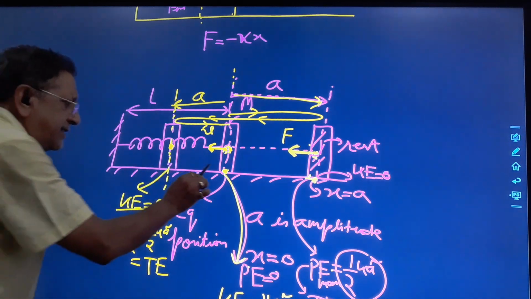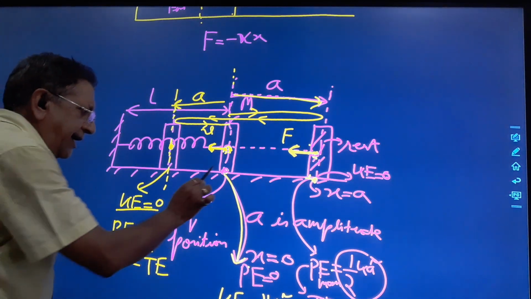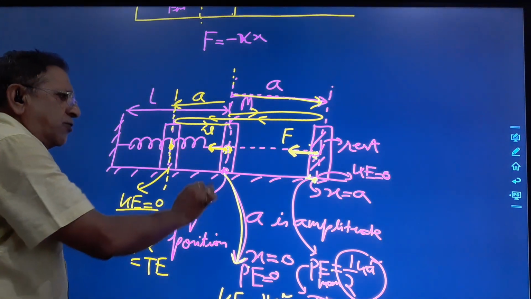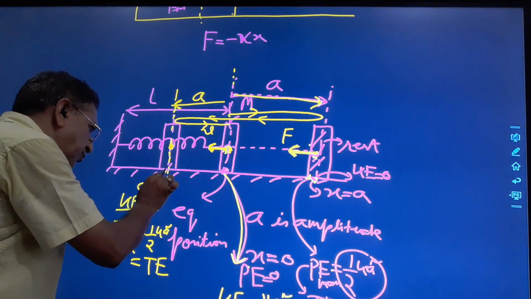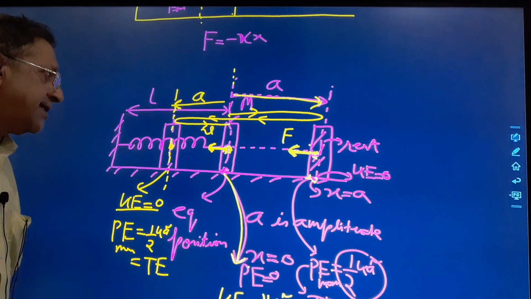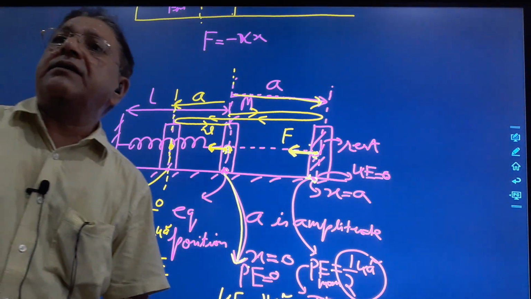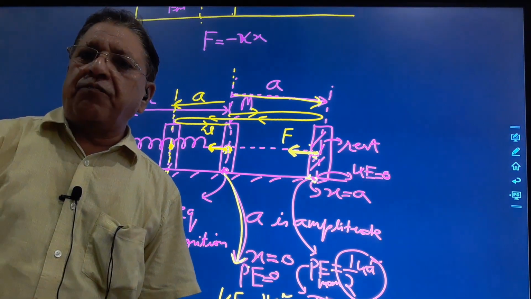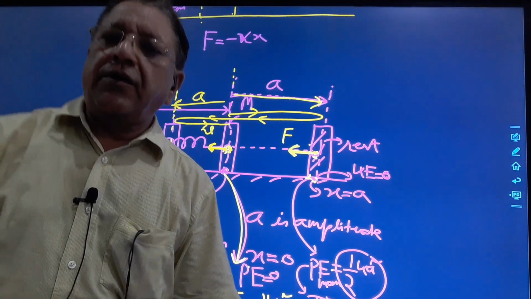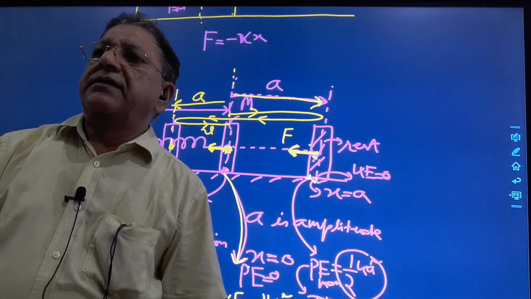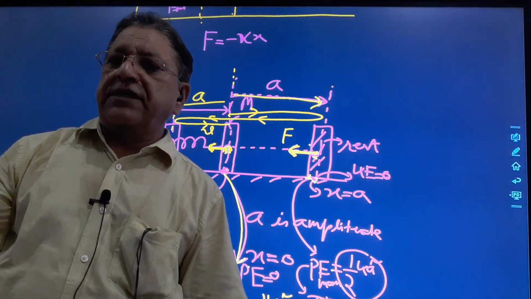So kinetic energy at x is equal to 0 equals the total energy, and potential energy at the amplitude equals the total energy, and total energy is constant because there is no friction. So this is the discussion of potential energy stored in the spring. Now you can apply this very important discussion about the spring.